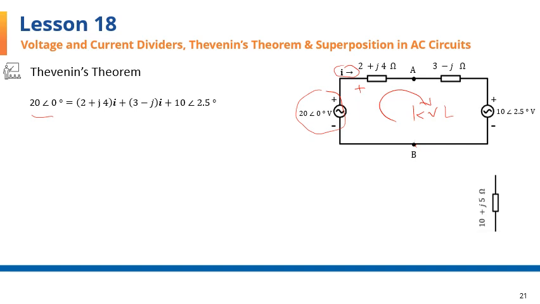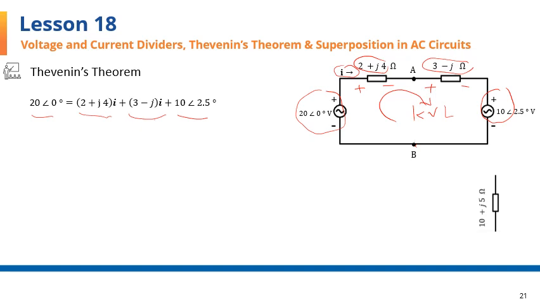The first one is I times this impedance. That's the first term. The next voltage drop is I times this impedance, again, plus minus, and this is the second term. And the last voltage drop is 10 volts with 2.5 degrees, and that's this term.